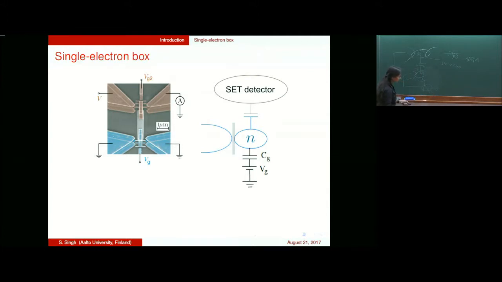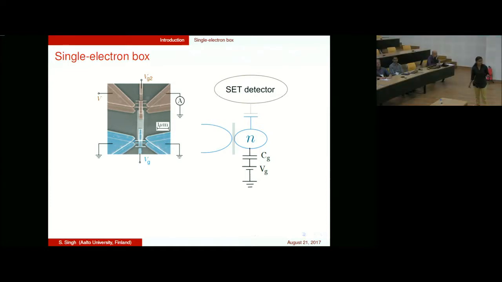We use the term gate, and it's connected to an electrical signal from a voltage generator. So we can vary the potential of this point, and the variation of potential will affect the probability of having 1 or 0 extra electron in the island.